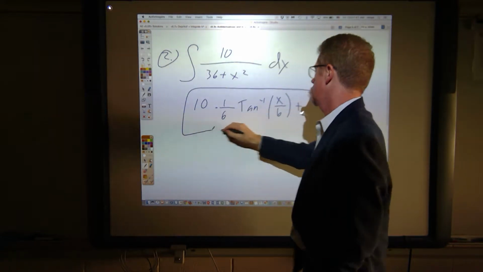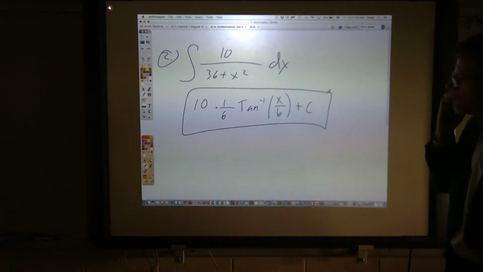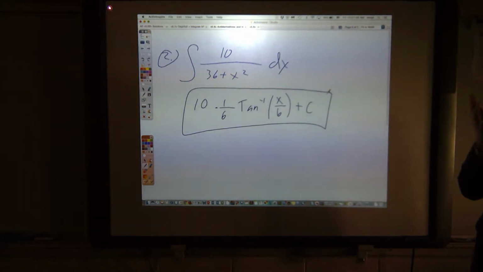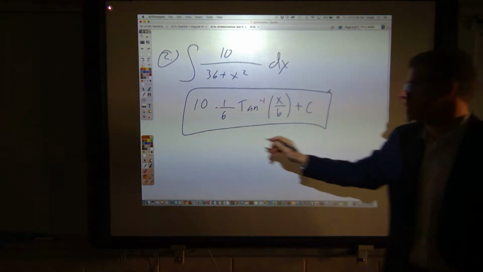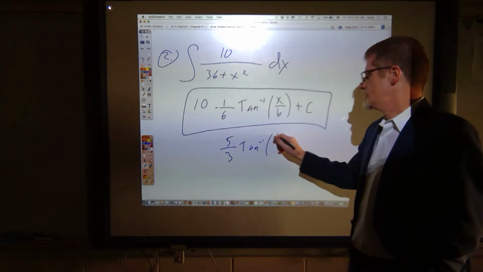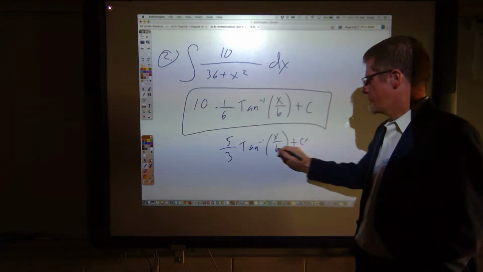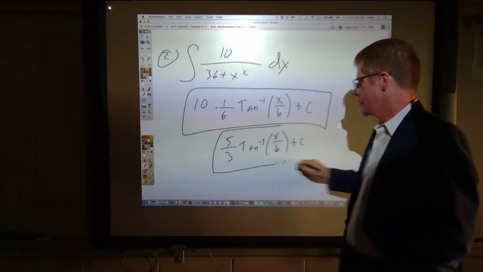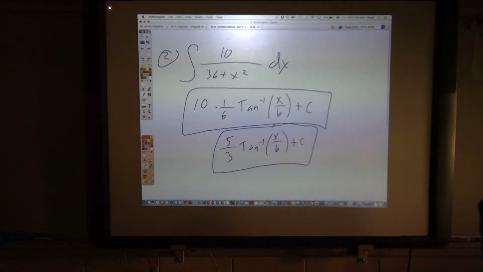Well, u, in this case, is x. So, 10, 6, 5/3. So, in the back of the book, the answer would be 5/3 tan inverse x over 6. Do you have any questions on example 2? Both the long way and the short way.